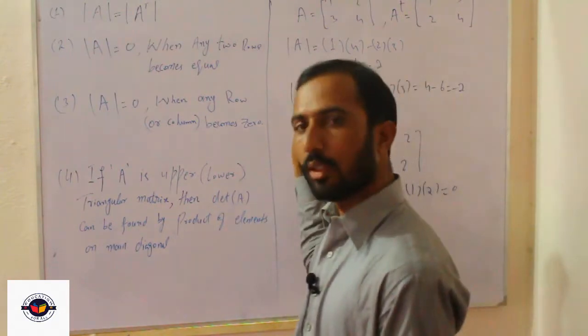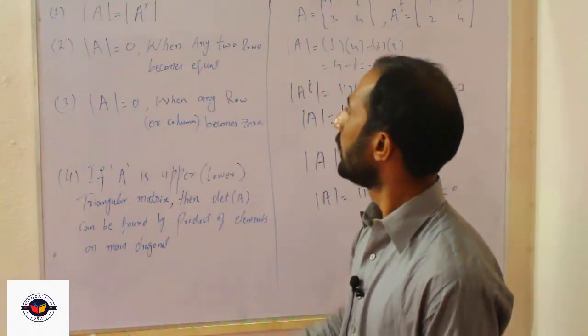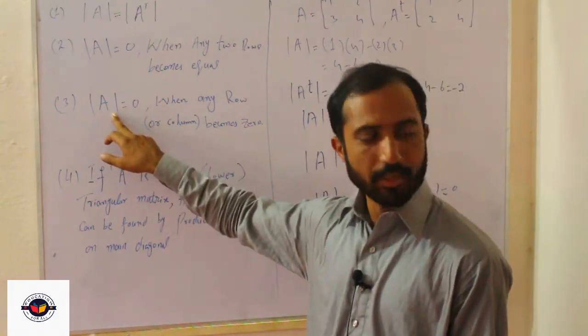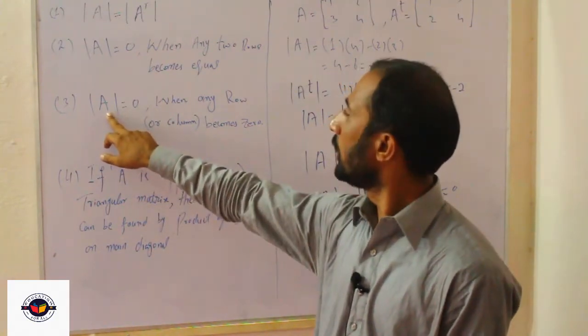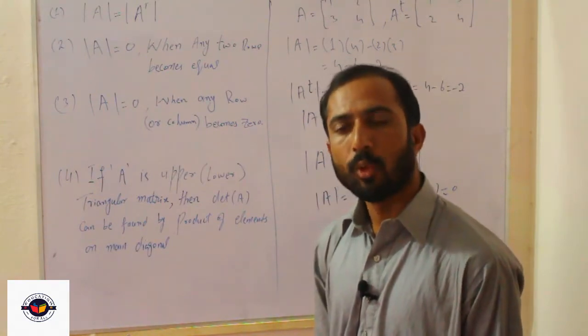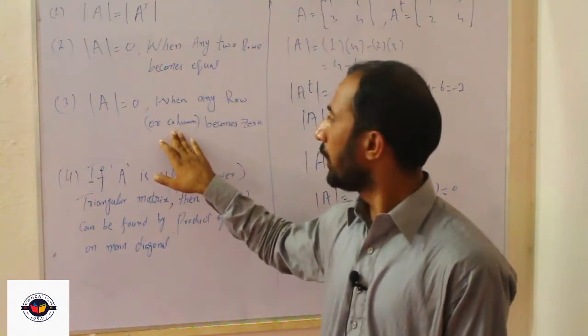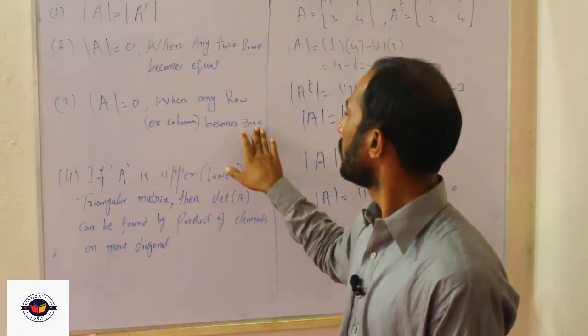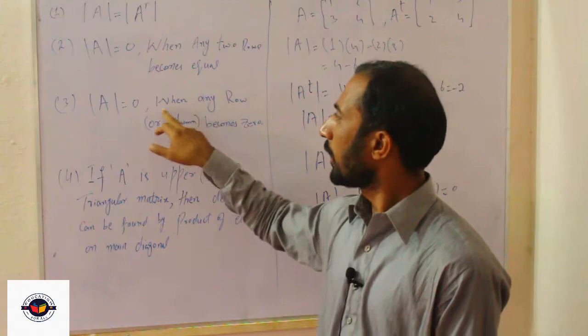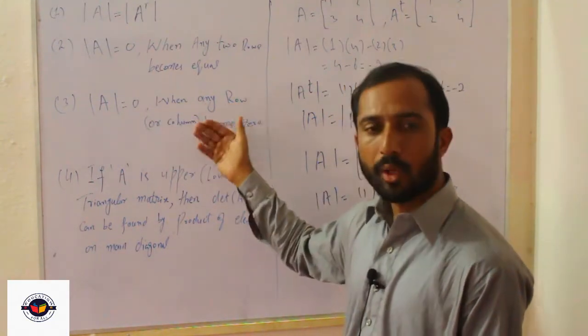Now we move towards the third property of the determinant. In the third property we see that the determinant of A is 0 whenever any row or any column becomes 0. Sorry, not two rows or two columns, any row or any column.